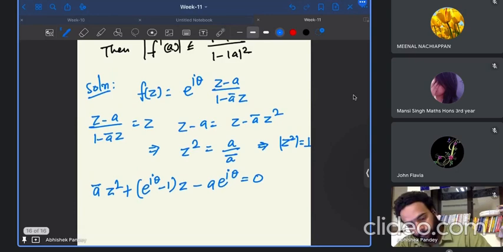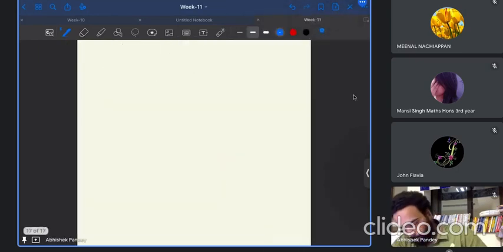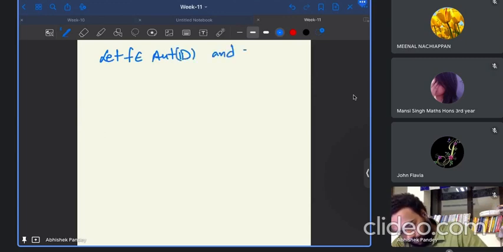So let f belong to the automorphism of D and z1, z2 be its fixed points.